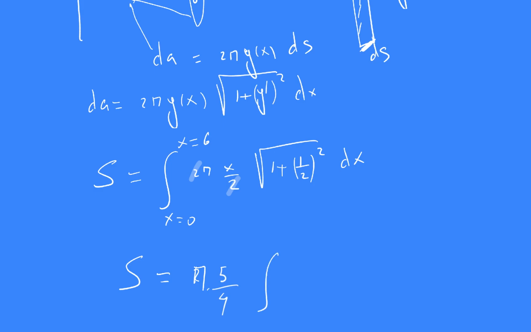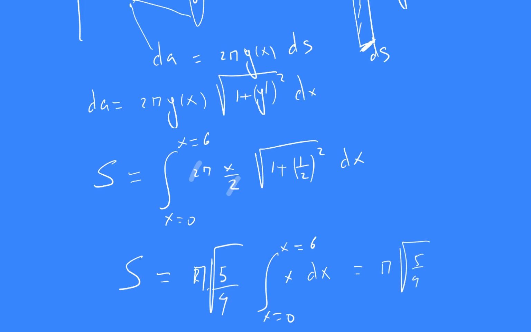So it will be pi times the square root of 5/4 times the integral of x dx between x equals 0 and x equals 6. So it will be pi times the square root of 5/4.